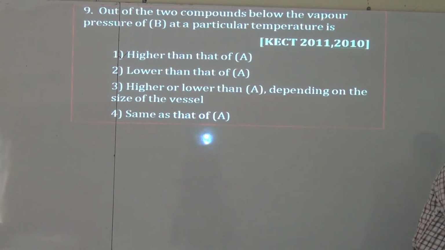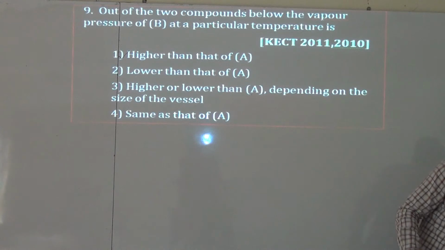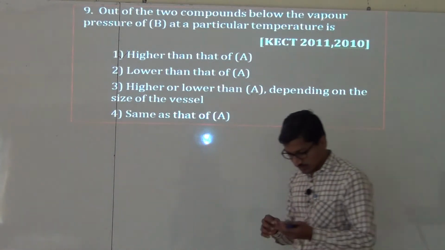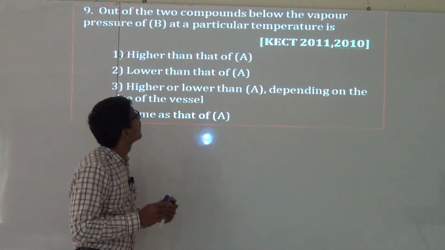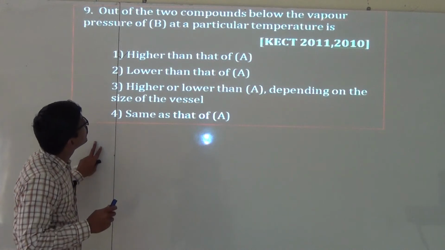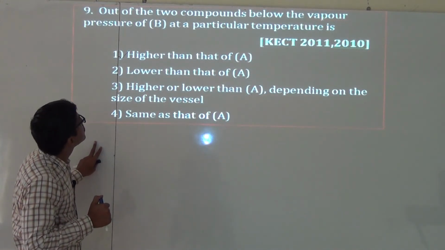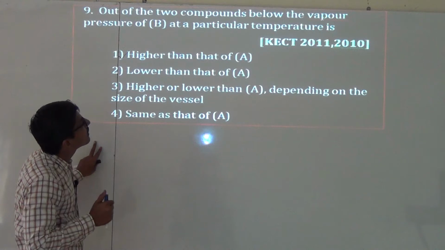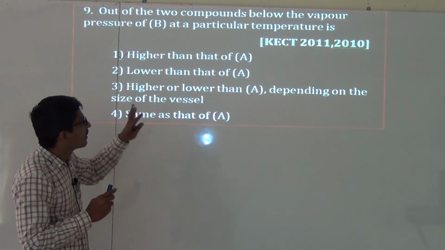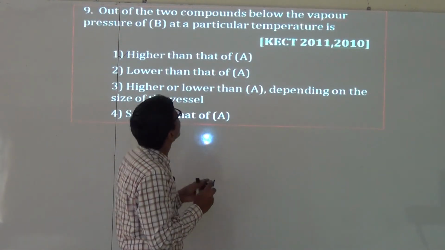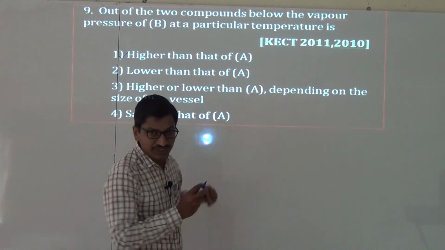Next question is, out of the two compounds below, the vapor pressure of A at a particular temperature is. Two compounds A and B are missing here.